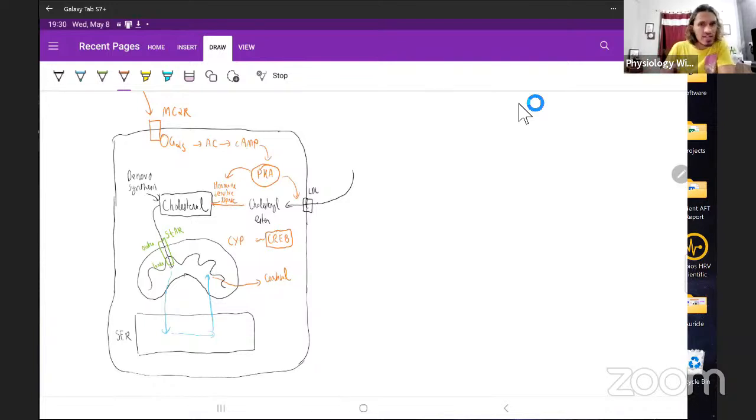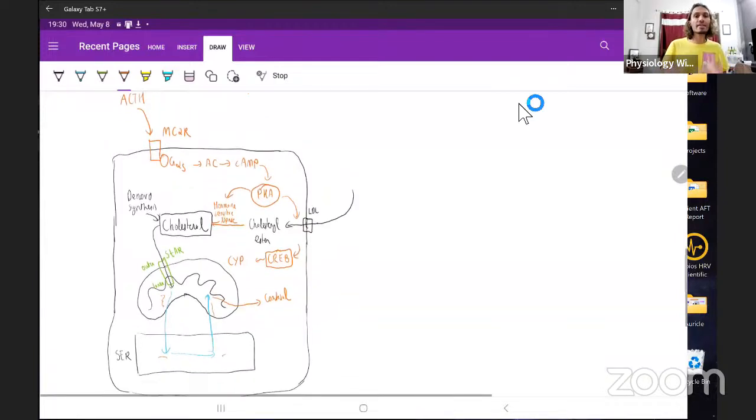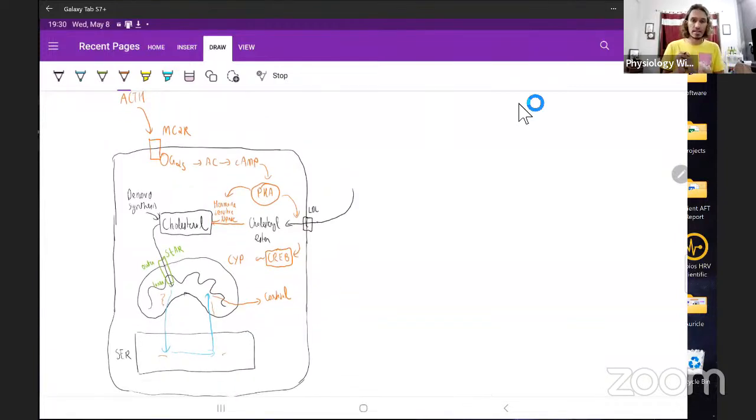Okay, so just know that this is the third thing protein kinase A does. All of the various enzymes needed here, the production of more of those enzymes, the transcription and translation of more of those enzymes, is also done by protein kinase A. So those are the three things ACTH does when it acts, because of which cortisol is released.